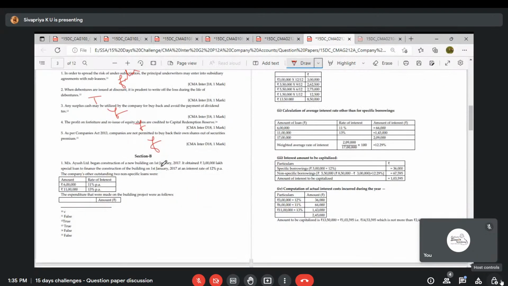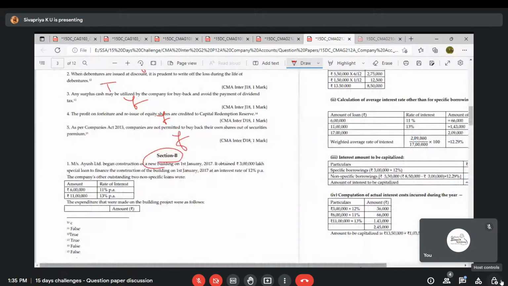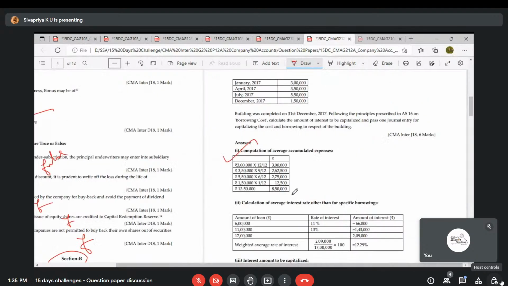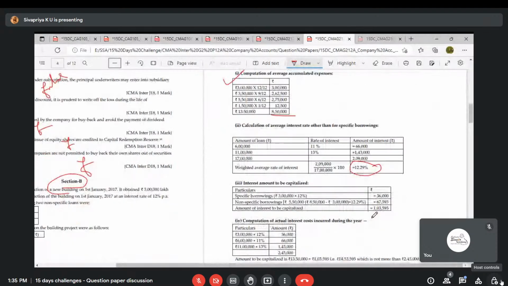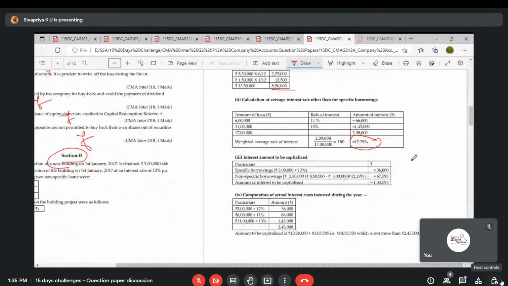Okay. Section B. First one is computation of accumulated expenses. Second, the average interest rate is 12.29%. What is the interest amount to be capitalized? 1,03,595.